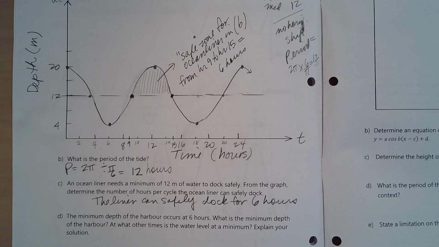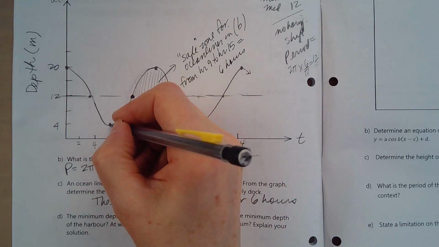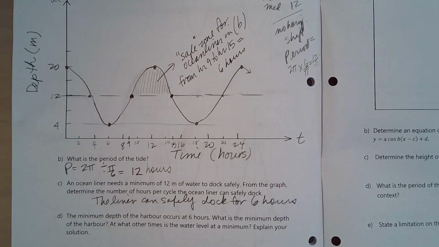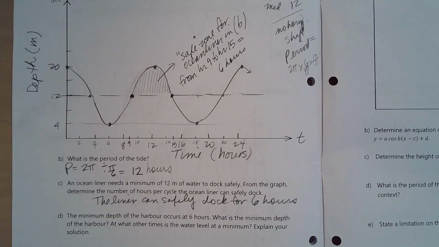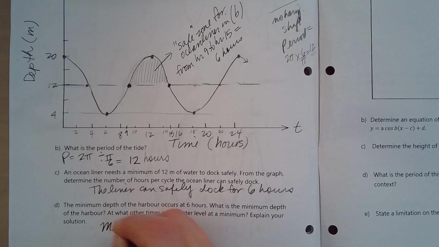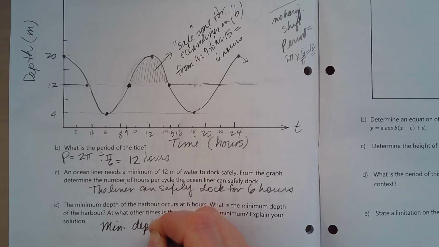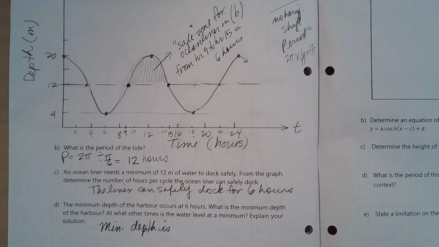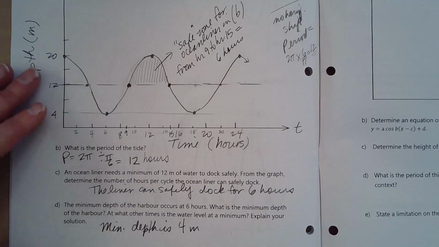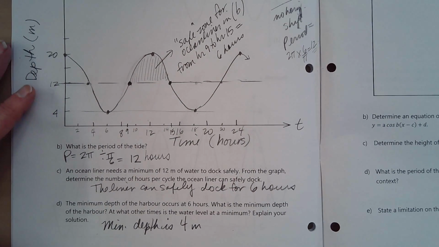Part D, the minimum depth occurs at 6 hours, right? So in 6 hours, it's the minimum. What is the minimum depth? Four meters, okay? When does it hit 4 meters again?